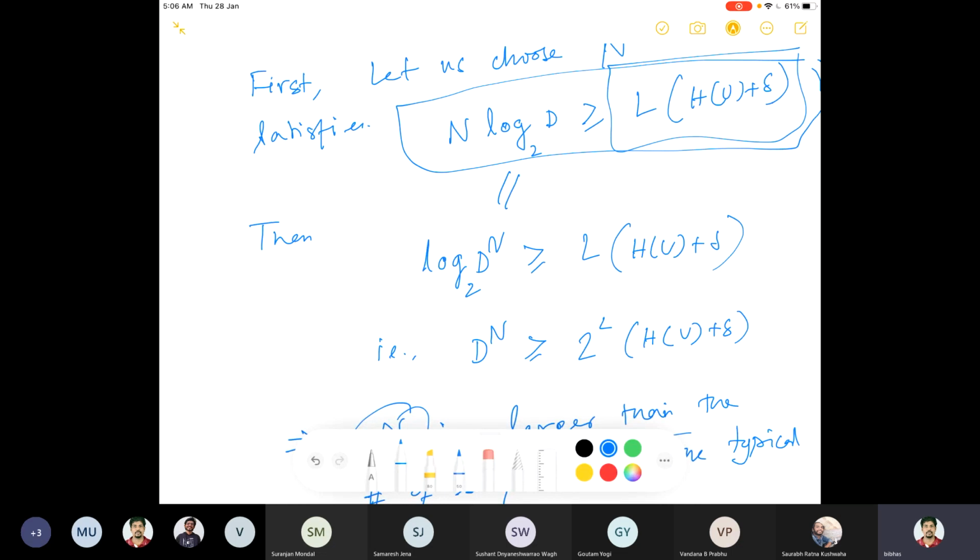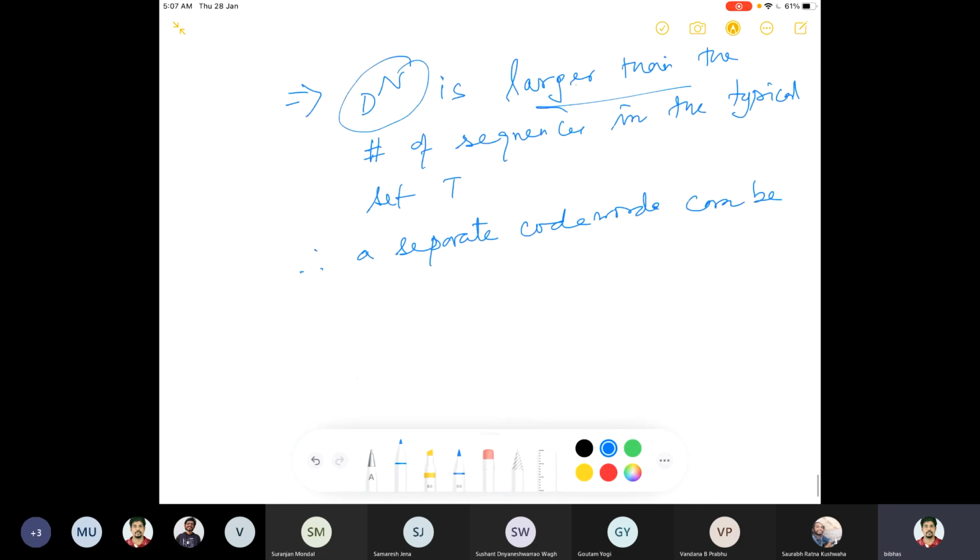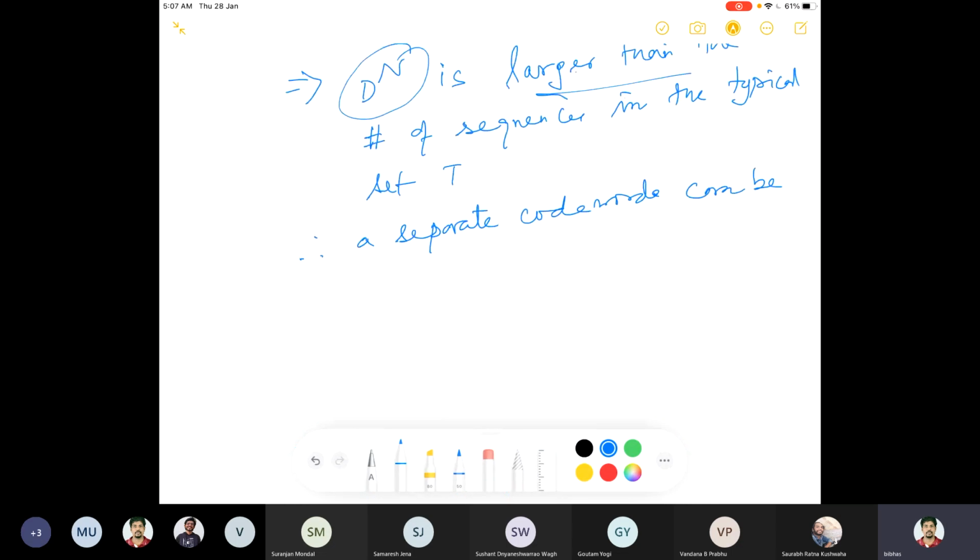Delta is fixed, because unless you have delta, you cannot define your typical set. The entropy is fixed, because you know the probability distribution of the source letters. L you already know, the length of the sequence. D you already know, and n is the desired thing. So suppose you set n to satisfy this one, then it automatically implies that separate code words are possible for all the sequences in the typical set.